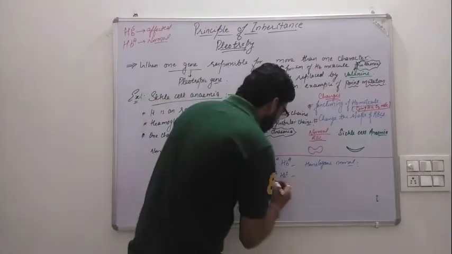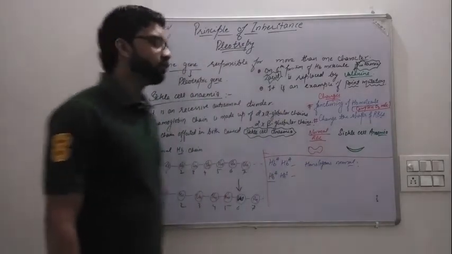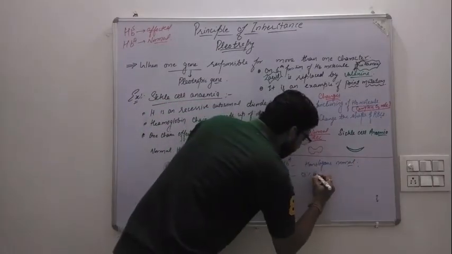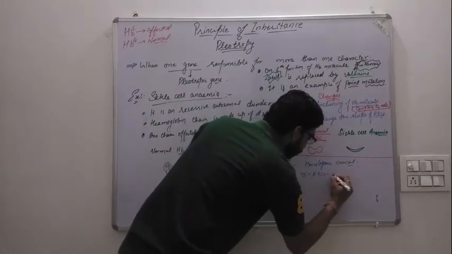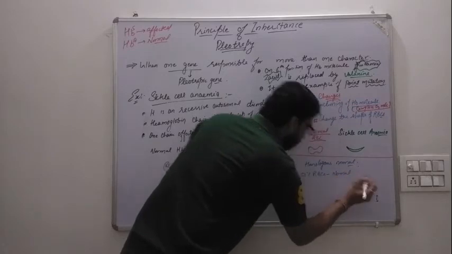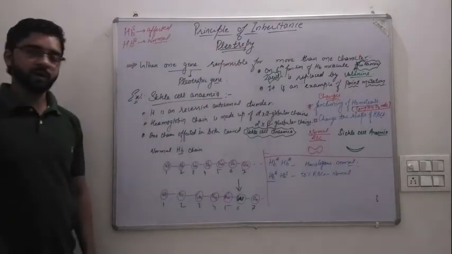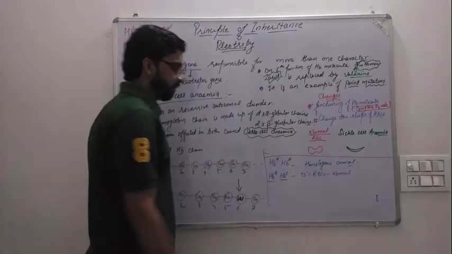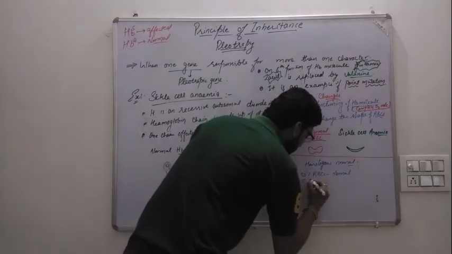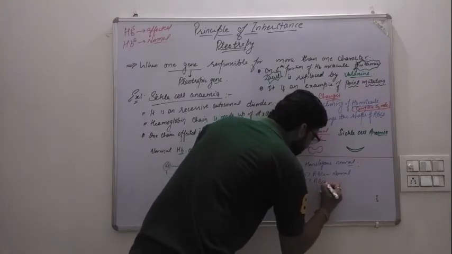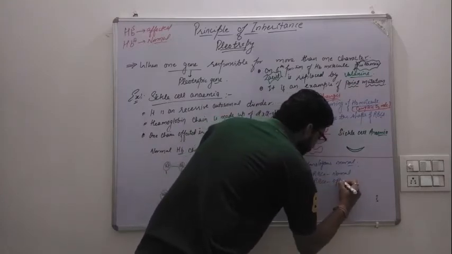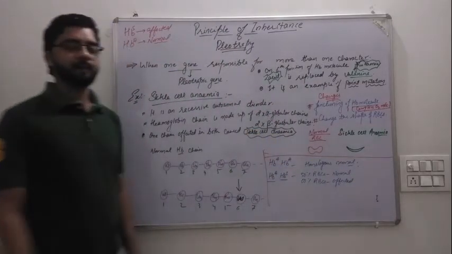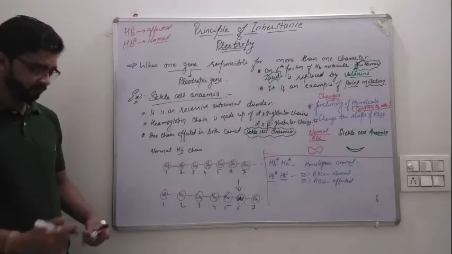Due to HbA, 50% of RBCs are normal, and due to HbS, 50% of RBCs are affected and have a sickle-cell-like structure.